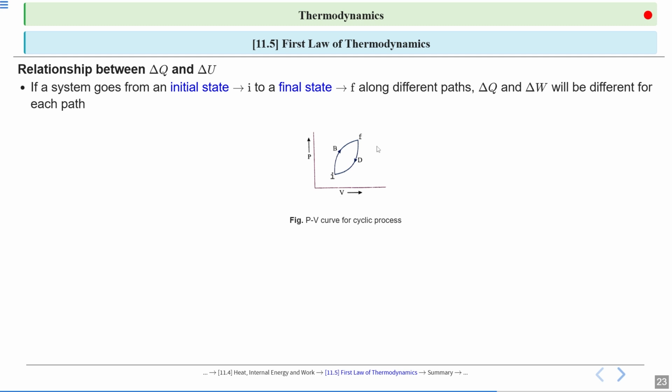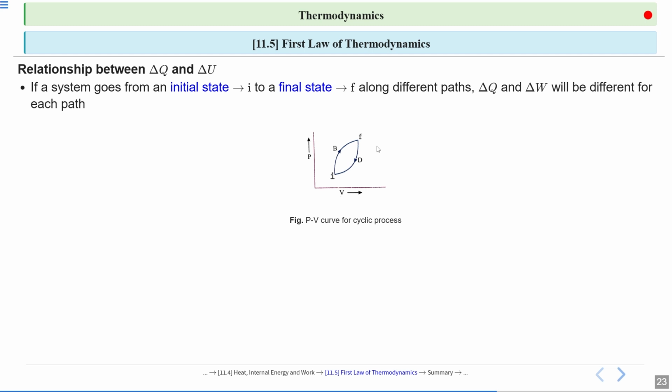Here the question arises, why? Because heat and work both are path dependent functions. They depend on the path. They do not depend on the initial and final position. So here the path is different, so their values will be different.